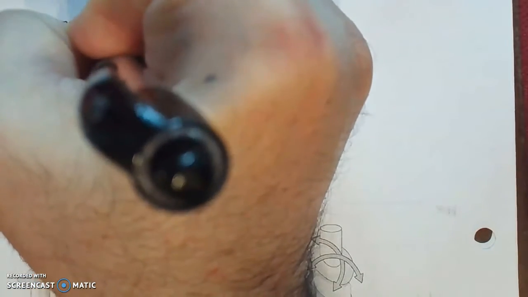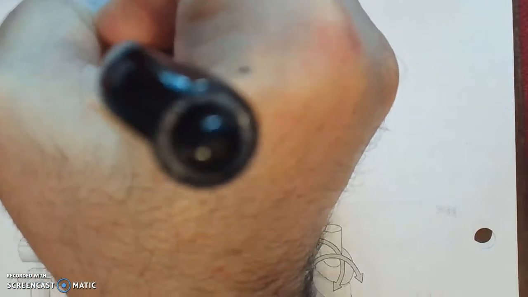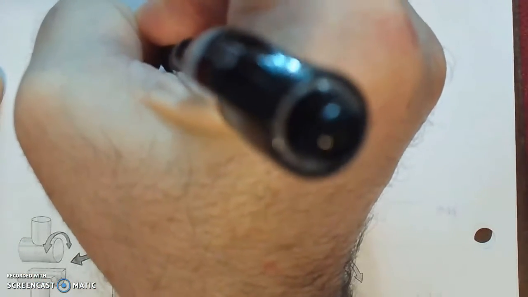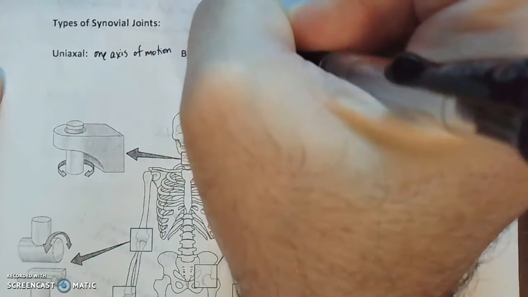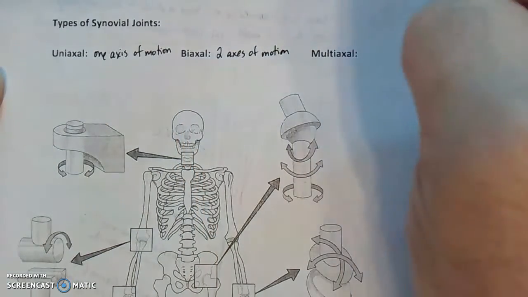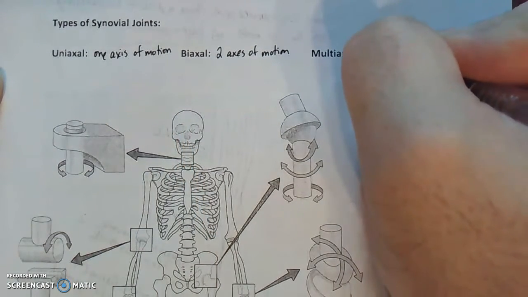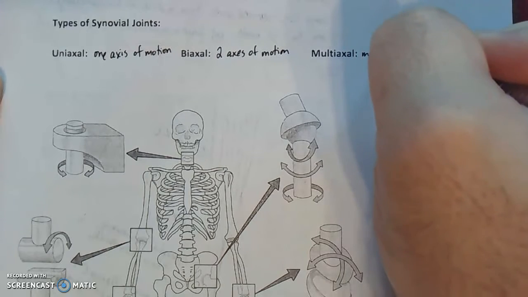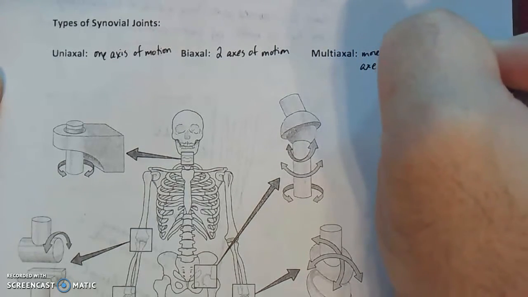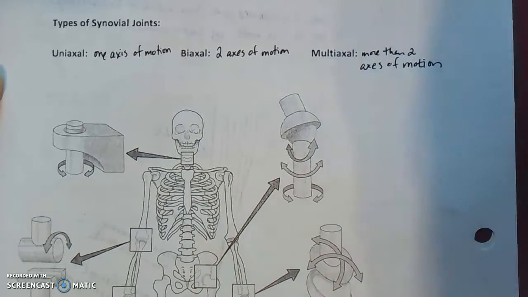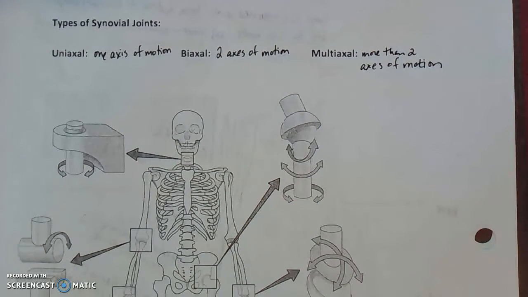Uniaxial, we have one axis of motion. Biaxial, we have two axes of motion. And multiaxial, we have more than two axes of motion. So we'll use these terms when we describe these.